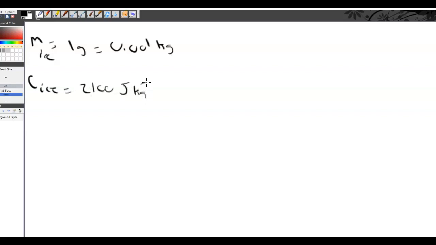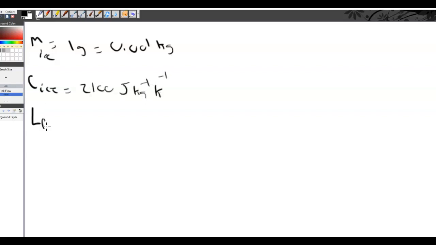So I'm going to go over here. I have my mass of the ice. M ice is 1 gram. Now that is 0.001 kilograms. Don't forget to convert as necessary. I'm given the specific heat of the ice is 2100 joules per kilogram per Kelvin.